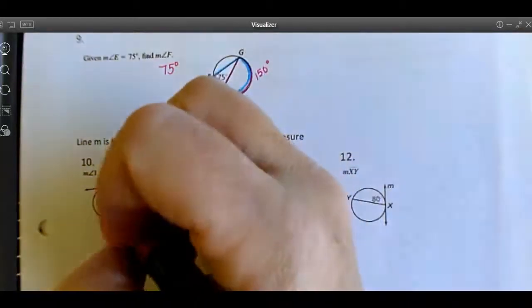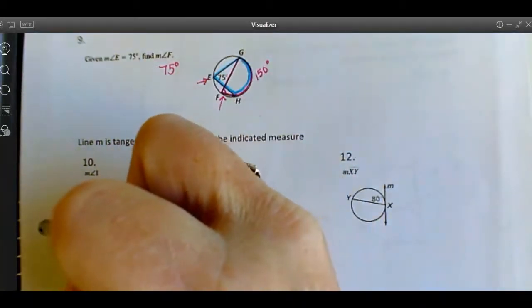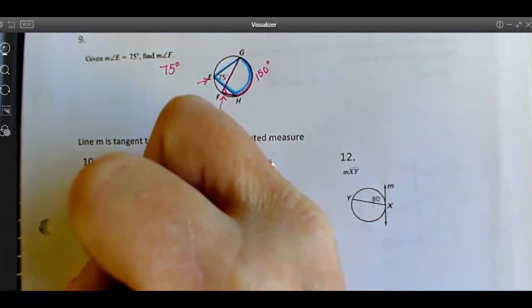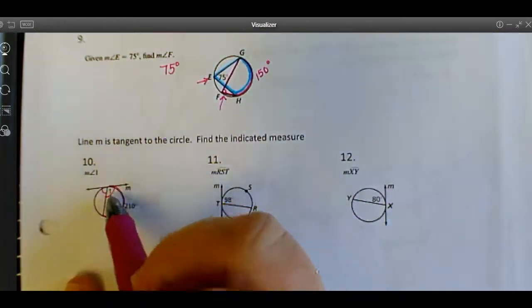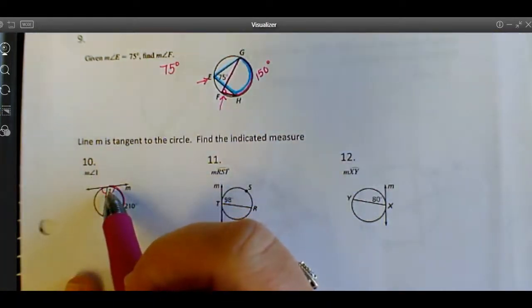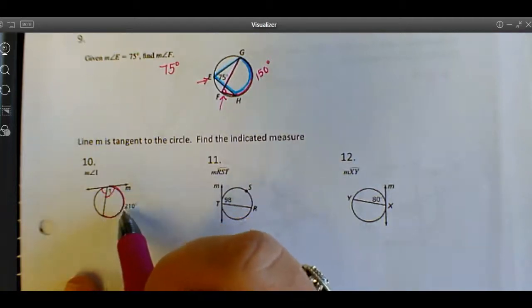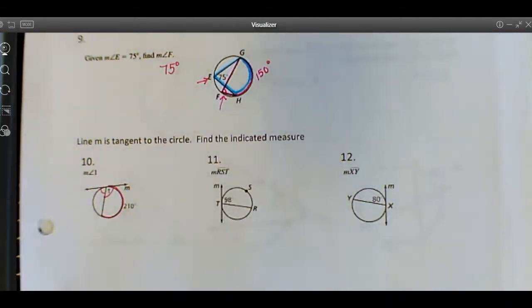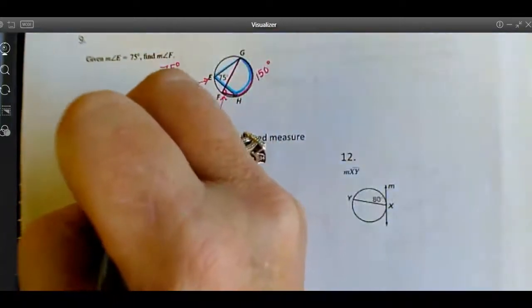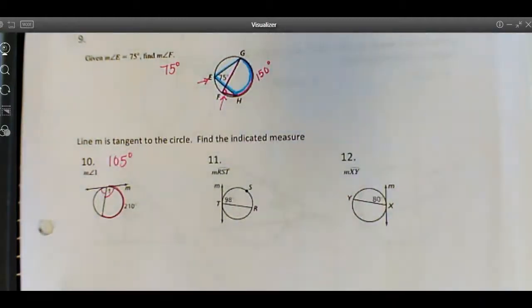It's showing me here that 210 is this arc. Well, see, that's still across from angle 1. So what would I do to get angle 1? Divide by 2. So it's 105. So still the same kind of stuff. It just looks a little different because we're talking about a tangent line.